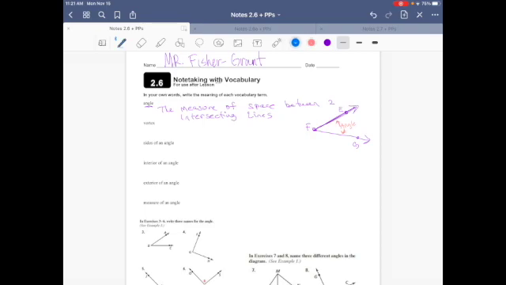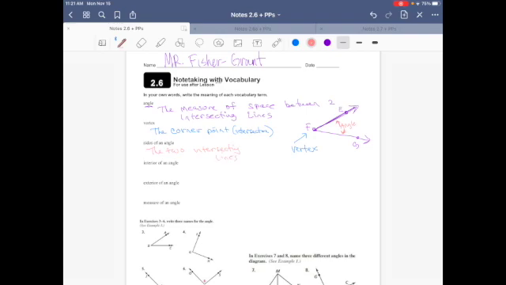So a vertex is going to be the corner point, or the point of intersection, right? So for our angle that we just drew, it's going to be point F. That's the vertex. The sides of the angle are going to be the two lines that make up the angle, the two intersecting lines.